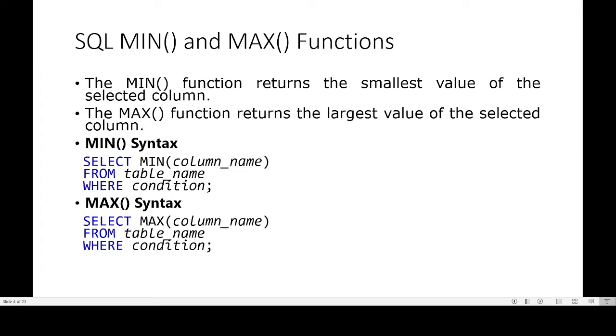Then from table name, which is the table that column belongs to, and where condition. If you want to give some conditions based on which we select the minimum from a particular column, we can give that condition here.